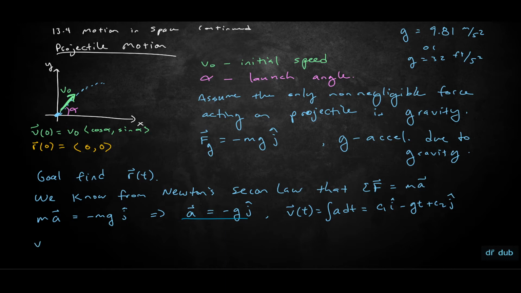And I use my initial velocity, v of 0 equals v0 cosine alpha, v0 sine alpha, and set that equal to, plug in t equals 0 for t, I get c1, c2. So then that tells me my velocity vector is going to be v0 cosine alpha, comma, v0 sine alpha minus g times t.